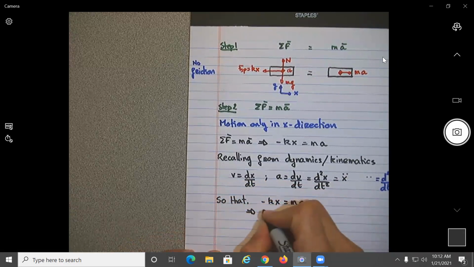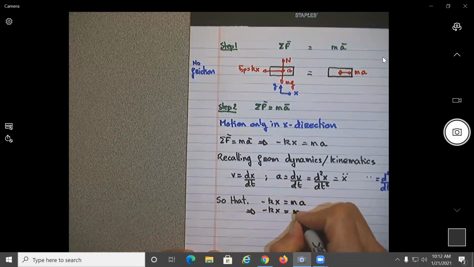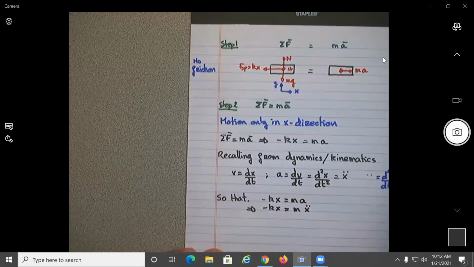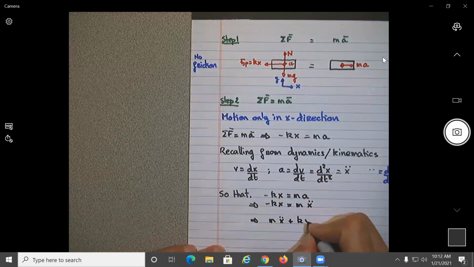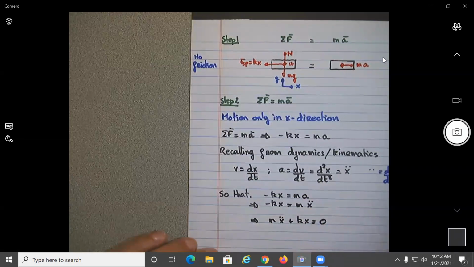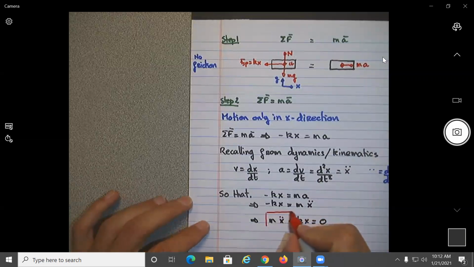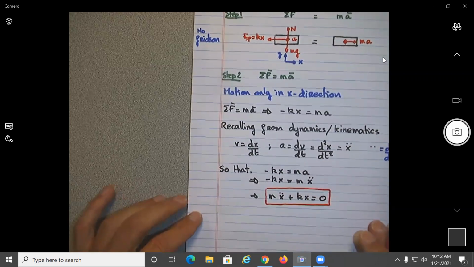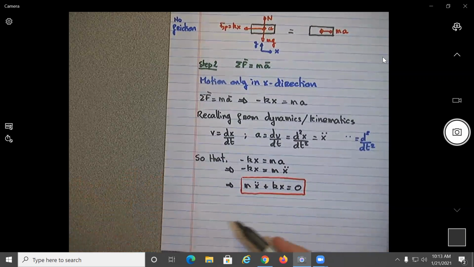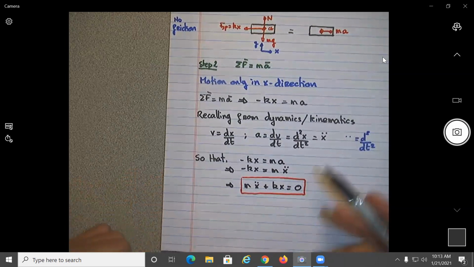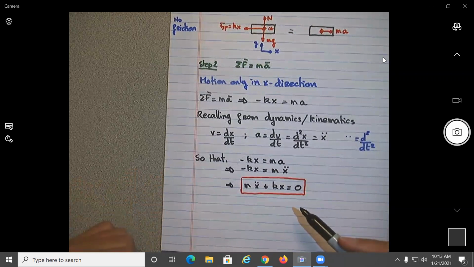Actually, we can rewrite it as minus kx equal to m x double dot, or we can just write the differential equation m x double dot plus kx equal to 0. Okay, so this is the most general form for the equation of motion of the mass spring oscillator.